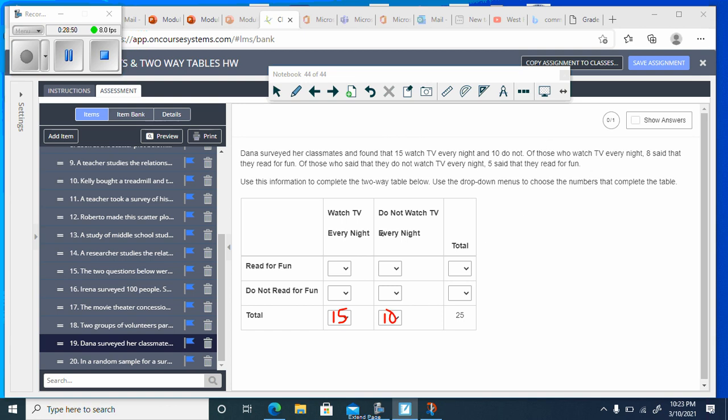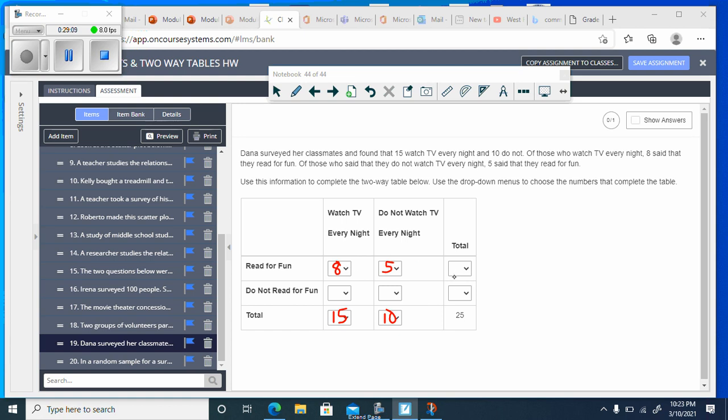Of those who watch TV every night, 8 said that they read for fun. Of those who said they do not watch TV, 5 said they read for fun. Use this info to complete the two-way table.